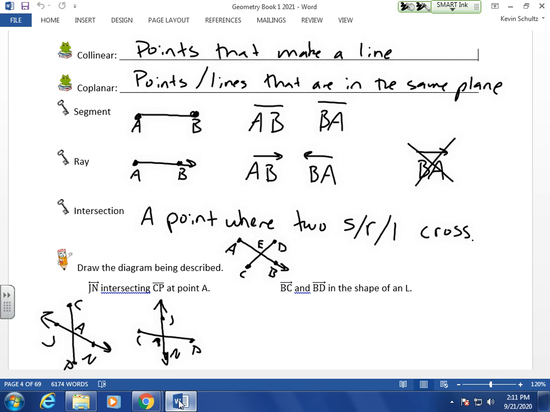That wouldn't have to be the case either. Most of you probably did that though, it's just kind of humanly, we tend to naturally put things in the center. I don't know, it's just what we do, but it wouldn't have to be. But your line with the arrows on each end, that's your J and that's your N. Your segment with the beginning and the end point, C and P, okay? And then point A where they intersect.